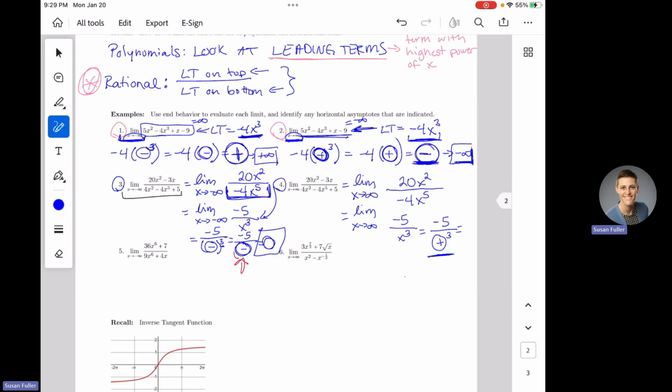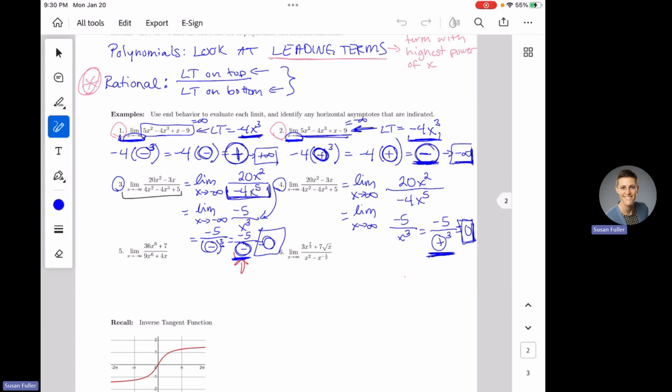Those pieces get smaller and smaller until I can't even see them anymore, and I get a limit of 0 out there. Something to notice, whether you have a positive or negative huge number on the bottom, it still goes to 0 because I'm cutting this into more and more pieces. They just get so tiny and go to 0.